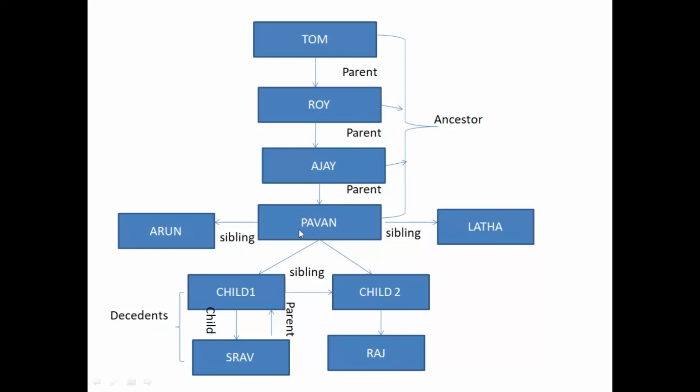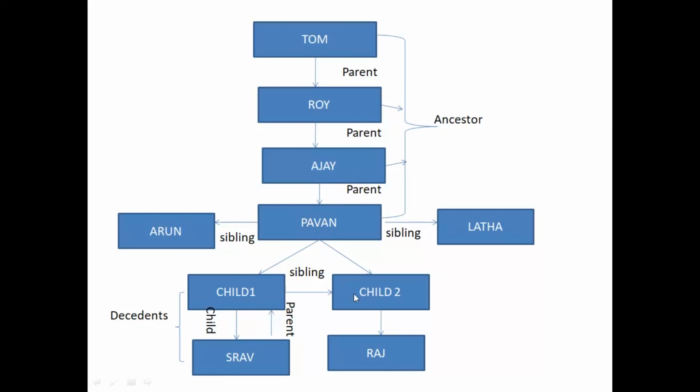Now for this particular element, Pavan, these are descendants: your children and children's children, the grandchildren, those will be called descendants. So hope you understand the difference between ancestors and descendants.